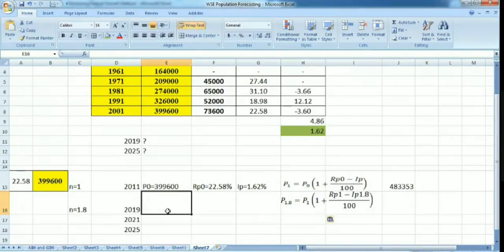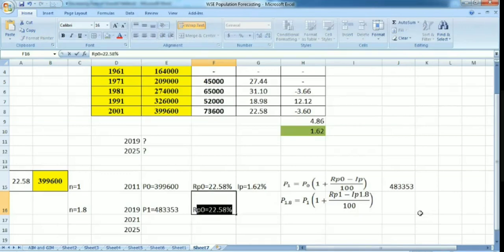Okay, now what will happen to the P value now? I cannot consider the P naught value now. I should consider 4,83,353. That is the value I will be considering. Okay. What about the RP1 value?